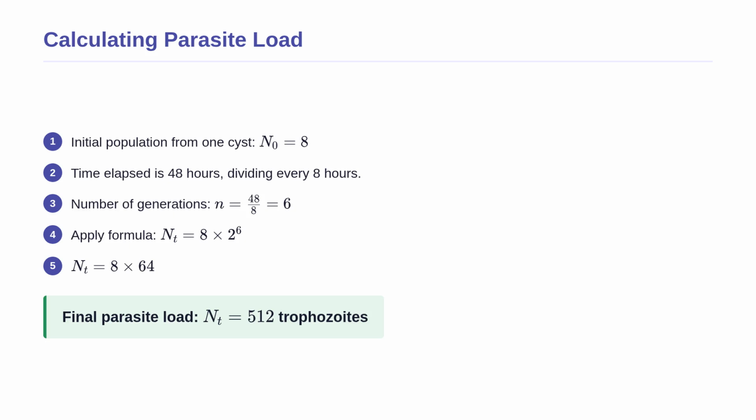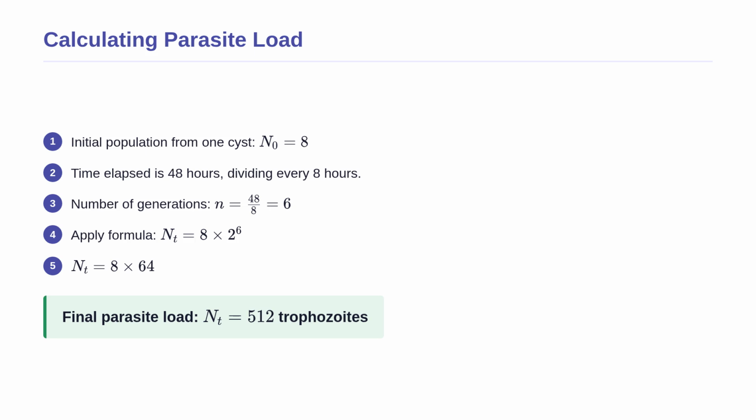Let us see this formula in action with a concrete example. Imagine a person swallows a single cyst. Biologically, one mature cyst releases exactly 8 trophozoites, so our initial population is 8. If they divide once every 8 hours, how many will there be after 48 hours?